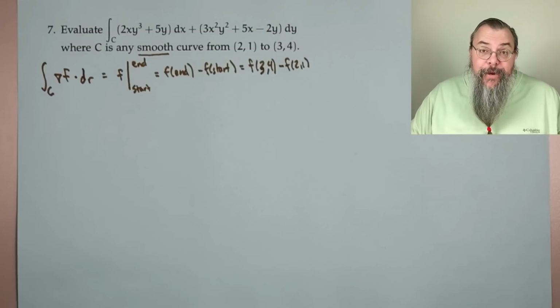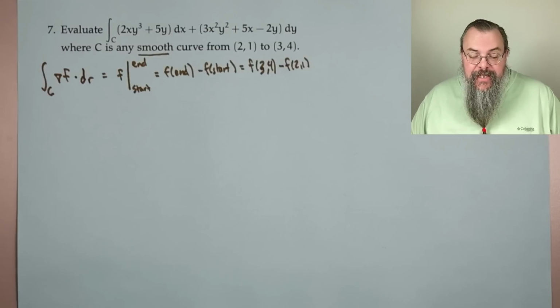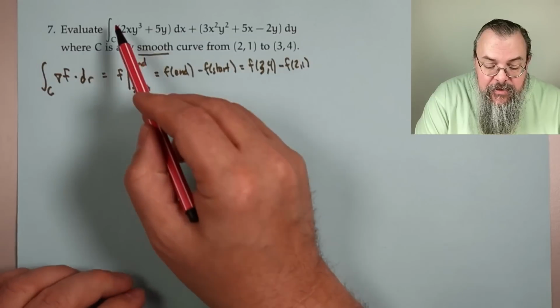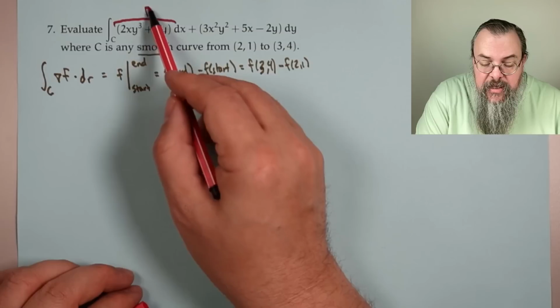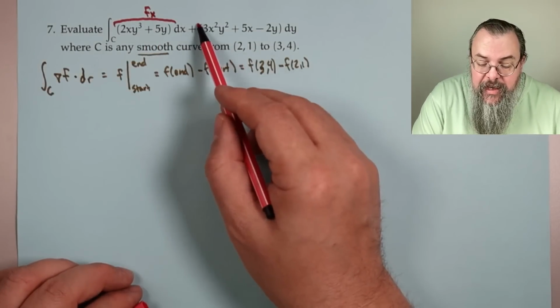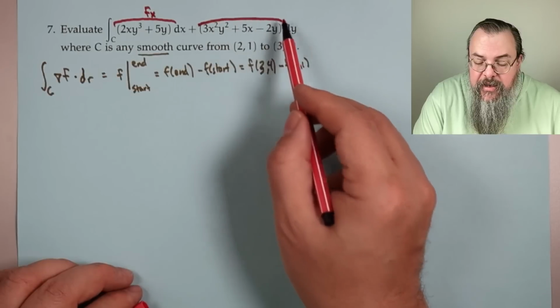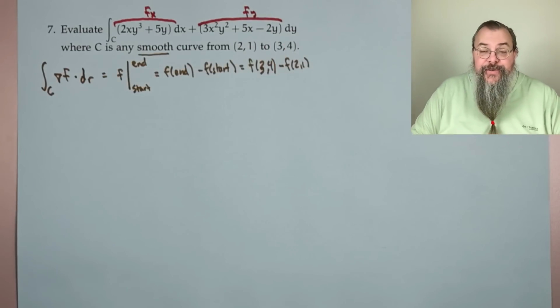And we have ways to do this because we have a lot of information. And in particular, the way that this is written, if this is a conservative function, this part right here has to be our f sub x. And in a similar way, this part right here has to be our f sub y. So we have our partial derivatives.